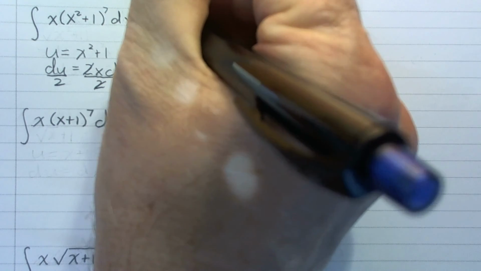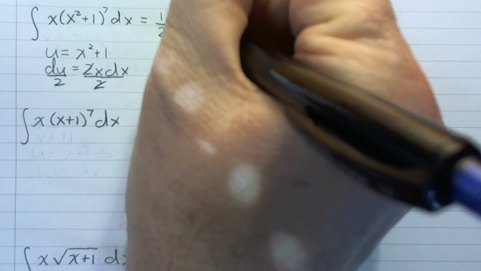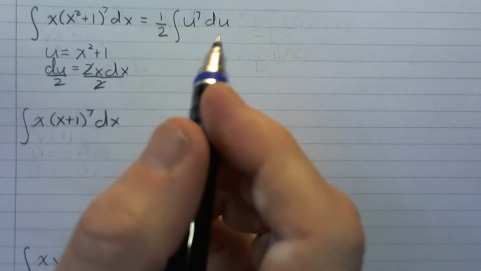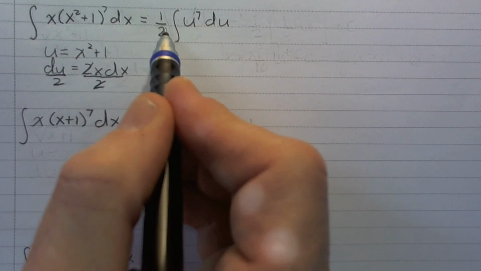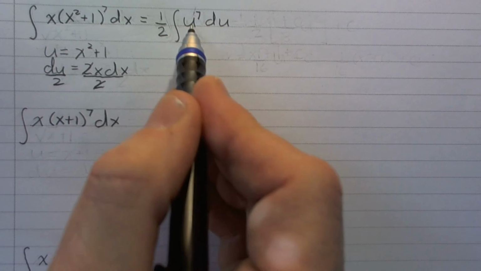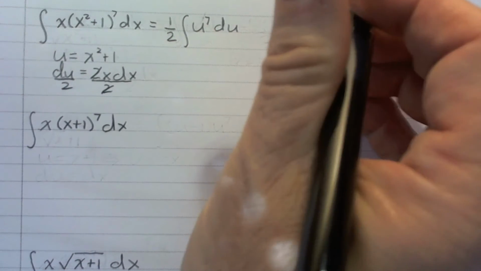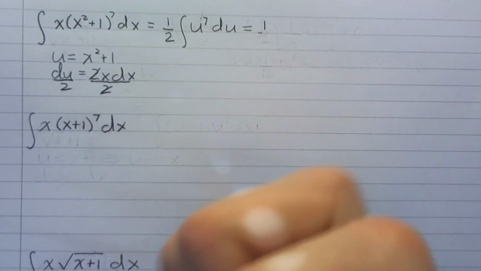So I'll do that now. I've got du over 2, so I'll just put the 1/2 out front, and inside here I'm going to put u to the 7th du. Because notice x dx is replaced by du over 2, and then x squared plus 1 is just u raised to the 7th. So now it's simple for us to find the antiderivative.